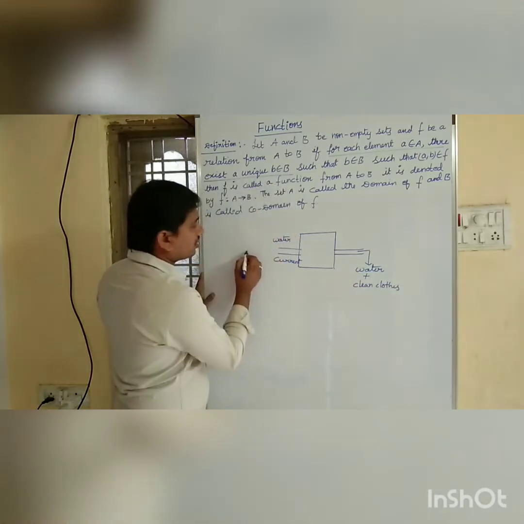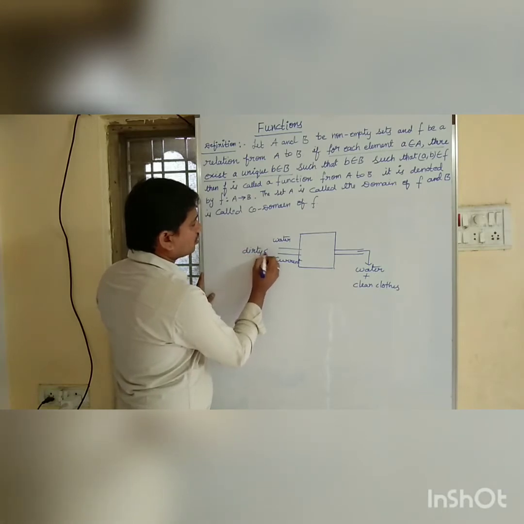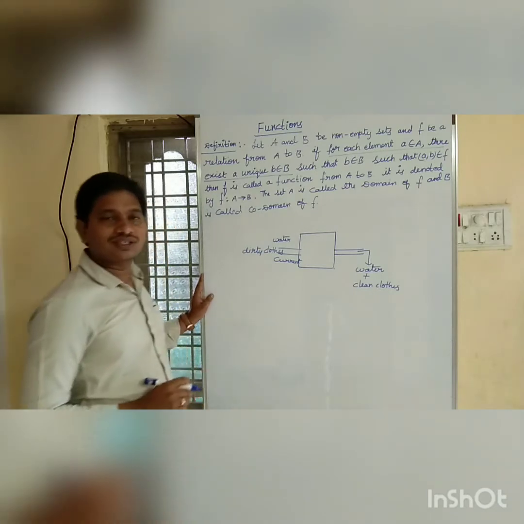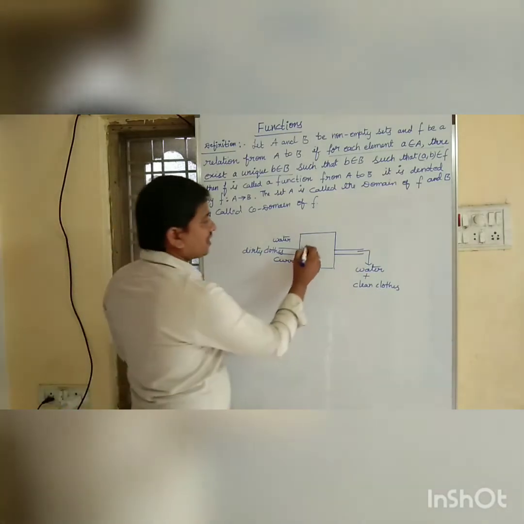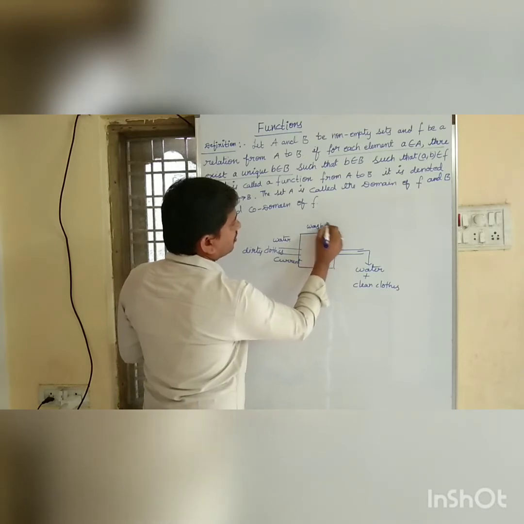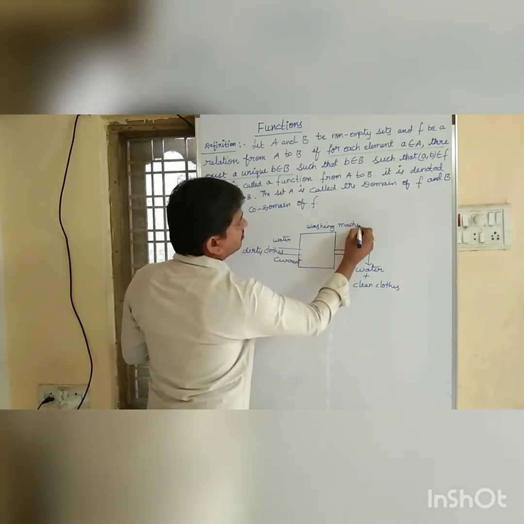It takes dirty clothes and gives us clean clothes. This is a function, which we call a washing machine.